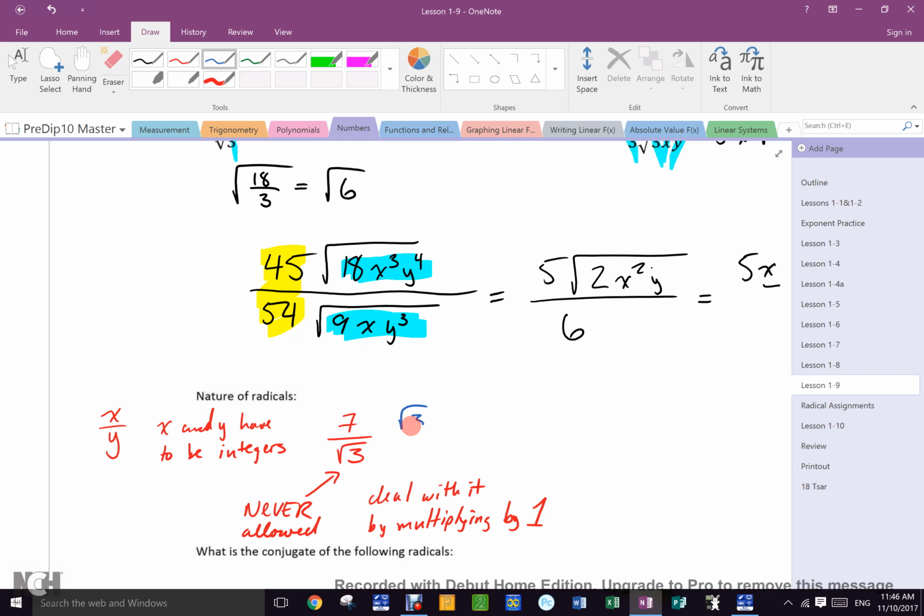So, we got to be aware of what to do when we have a binomial denominator. So, that is going to use this word called the conjugate. We use the conjugate to deal with binomial denominators.